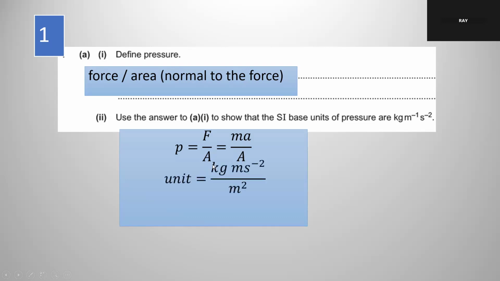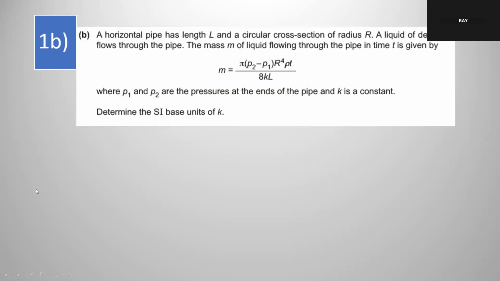The unit of force is kilogram meter s minus 2. This is acceleration. This is your meter square. Cancel 1 meter. You still got meter minus 1 and kilogram s minus 2. Okay or not?